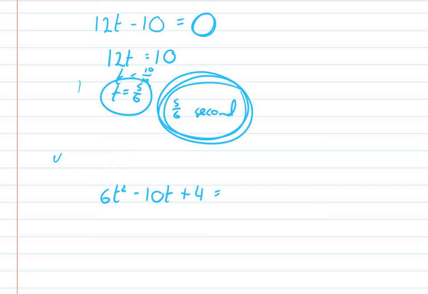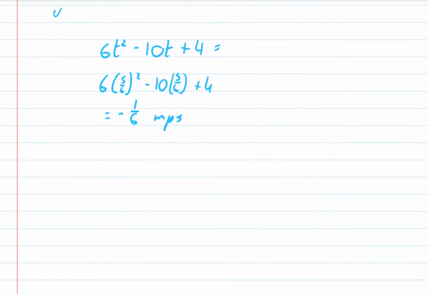We want to find out what the velocity will be after 5/6 seconds. So we put 5/6 for t. When we put all that into the calculator, we will get minus 1/6 meters per second.